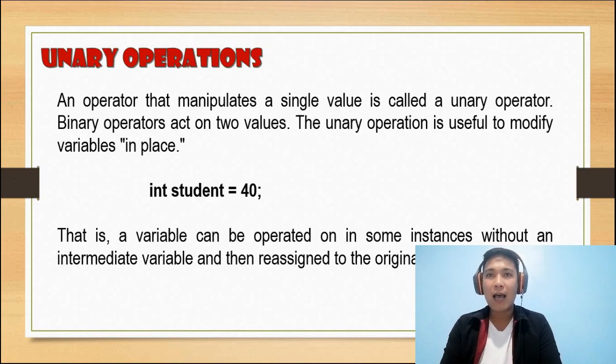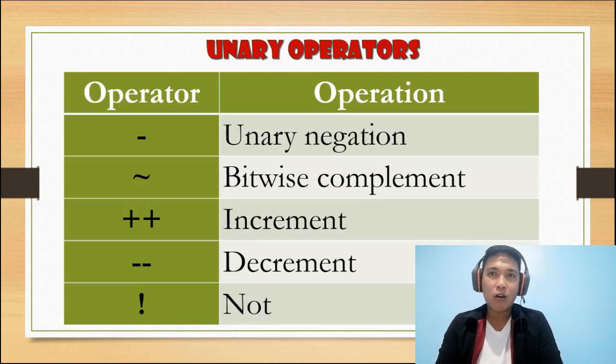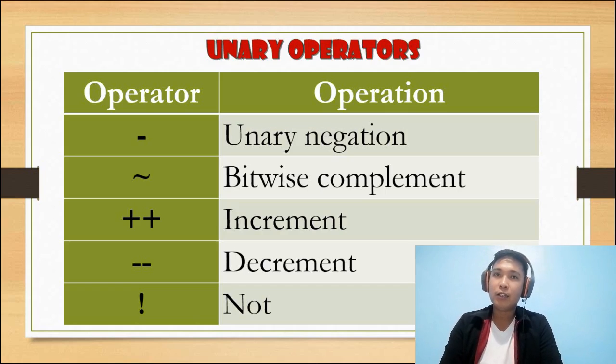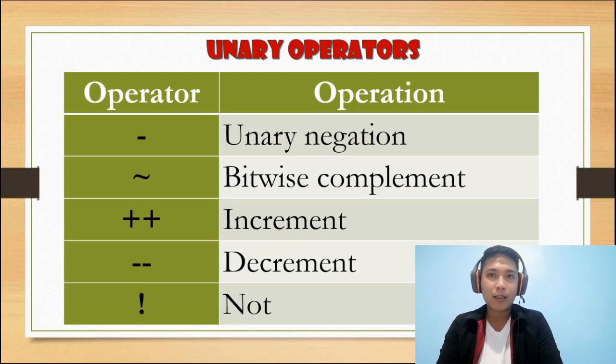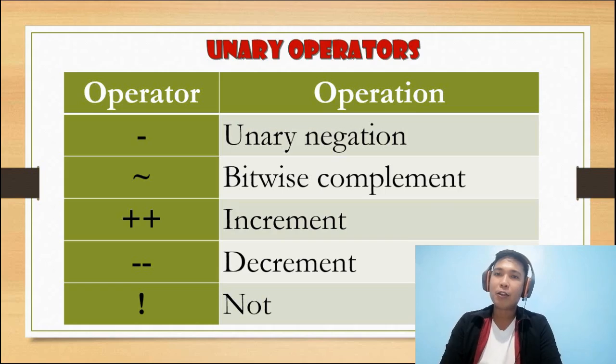Now we have this set of unary operators: unary negation, or yung negative sign, bitwise complement, the increment operators, the decrement operators, and not operators.